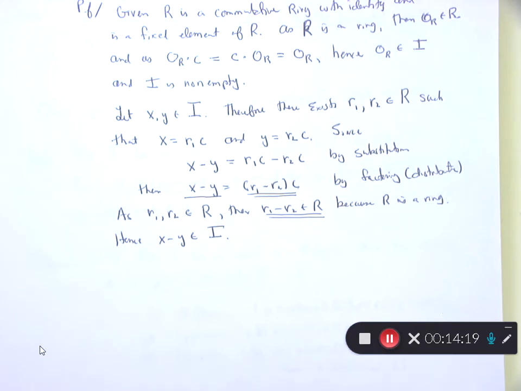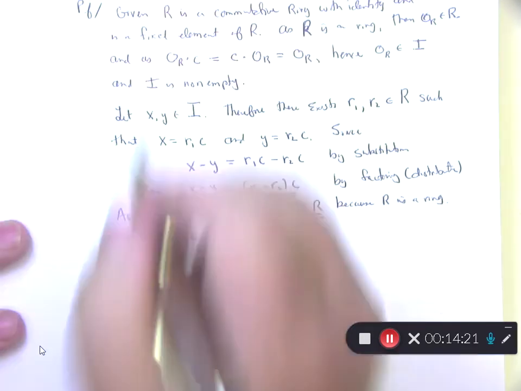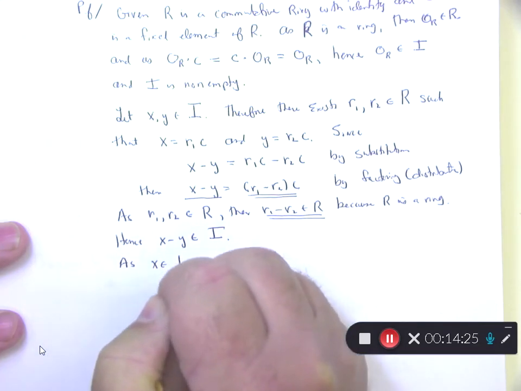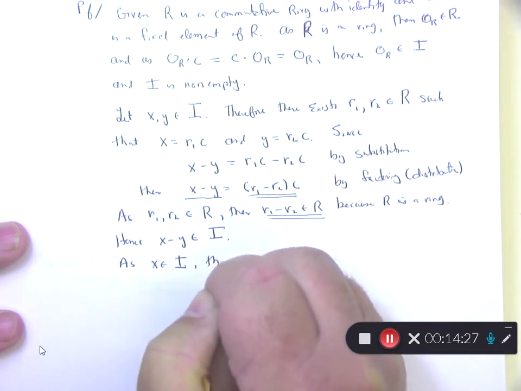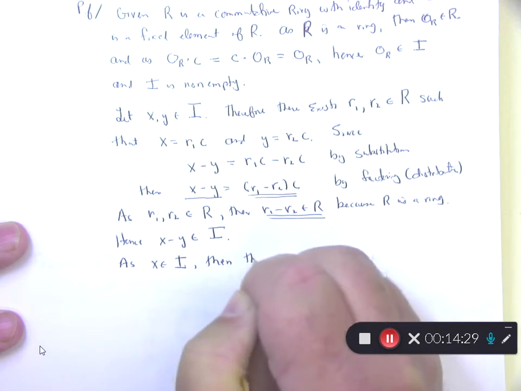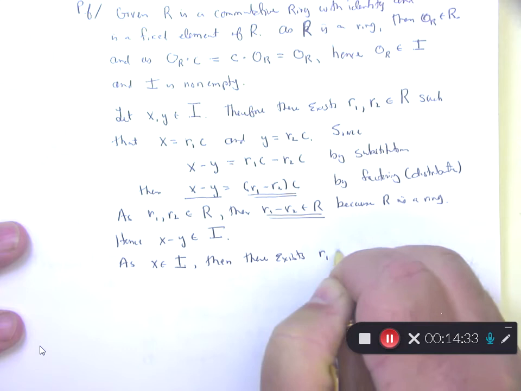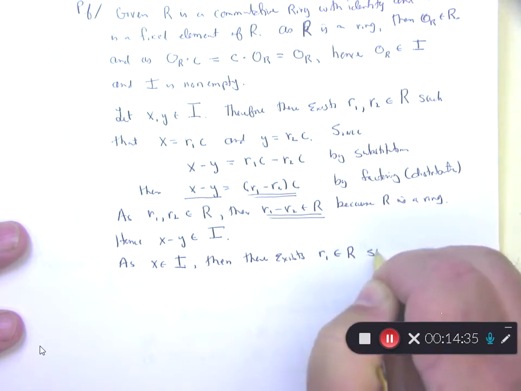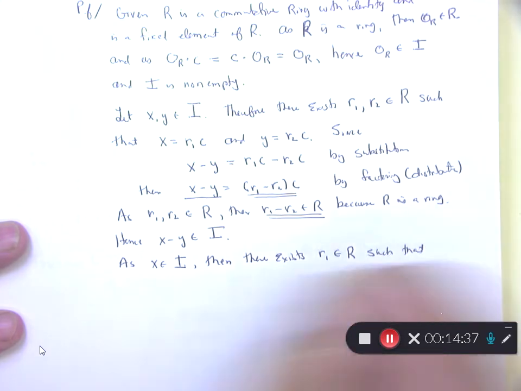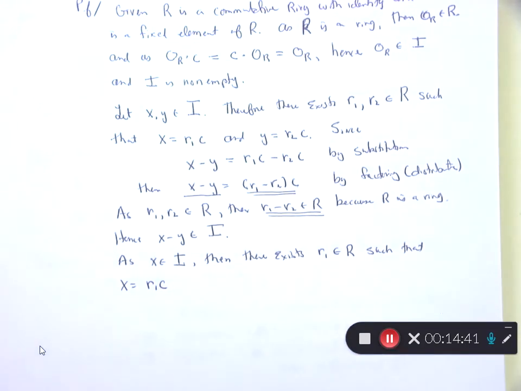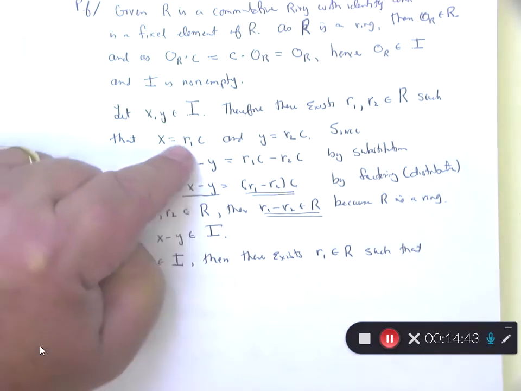You give yourself one element, and I'm going to use x. As x is an element of I, then there exists an r1 element of R such that x is equal to r1 times C. Just my same setup, but only using one guy.